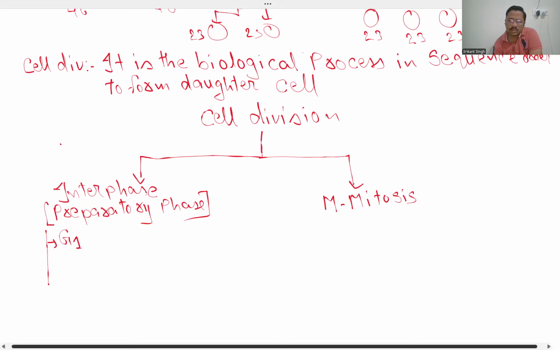Okay, the thread-like structure chromatin is going to start to condense in G1 phase. Why? In this G1 phase only, chromatin starts condensing.